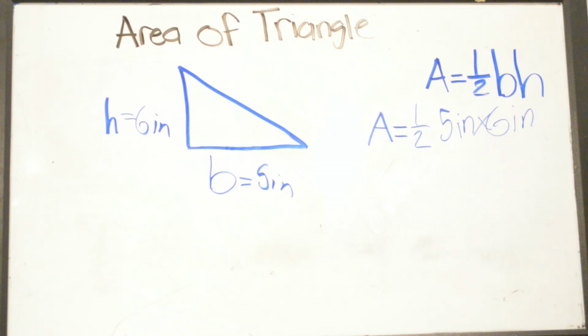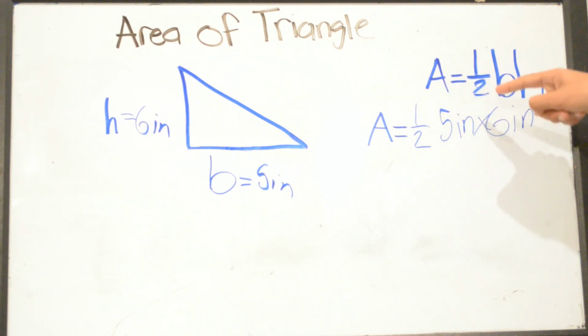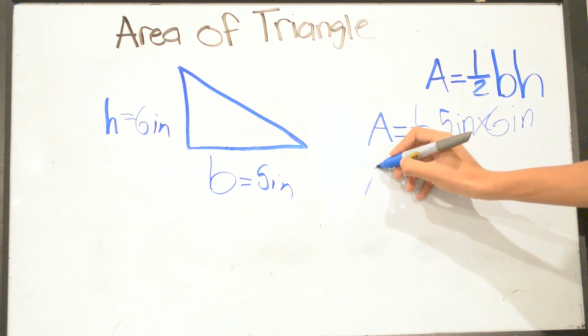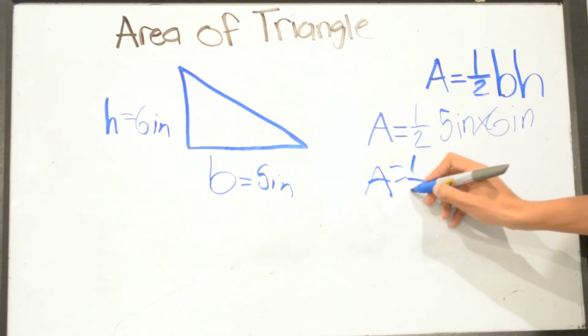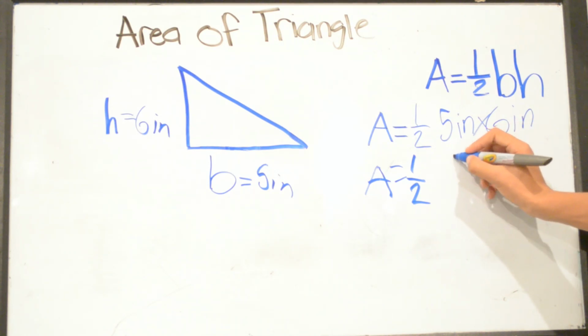The reason why we're writing down 5 inches times 6 inches is because our formula is A equals 1/2 base times height. Five inches times 6 inches equals 30 inches.